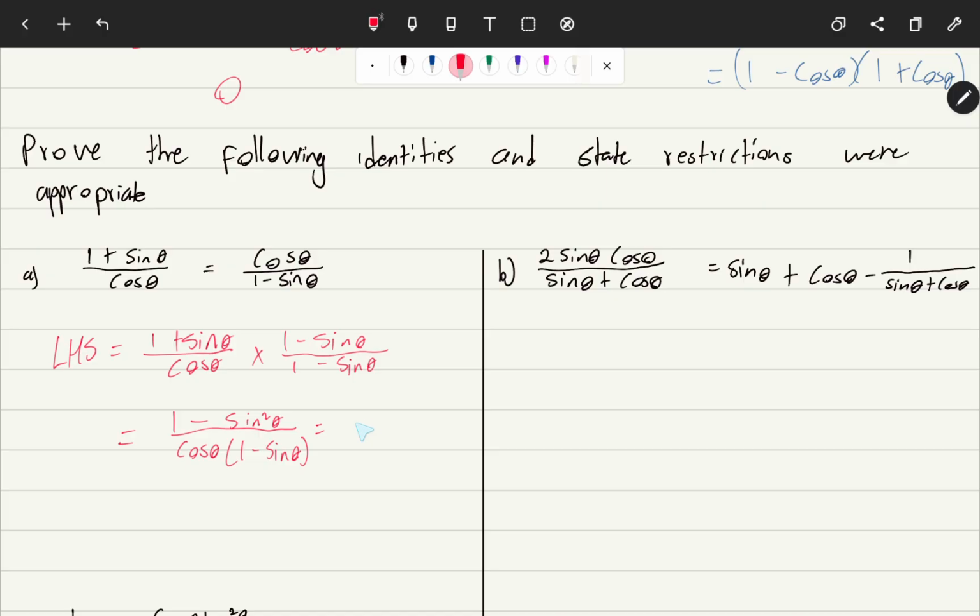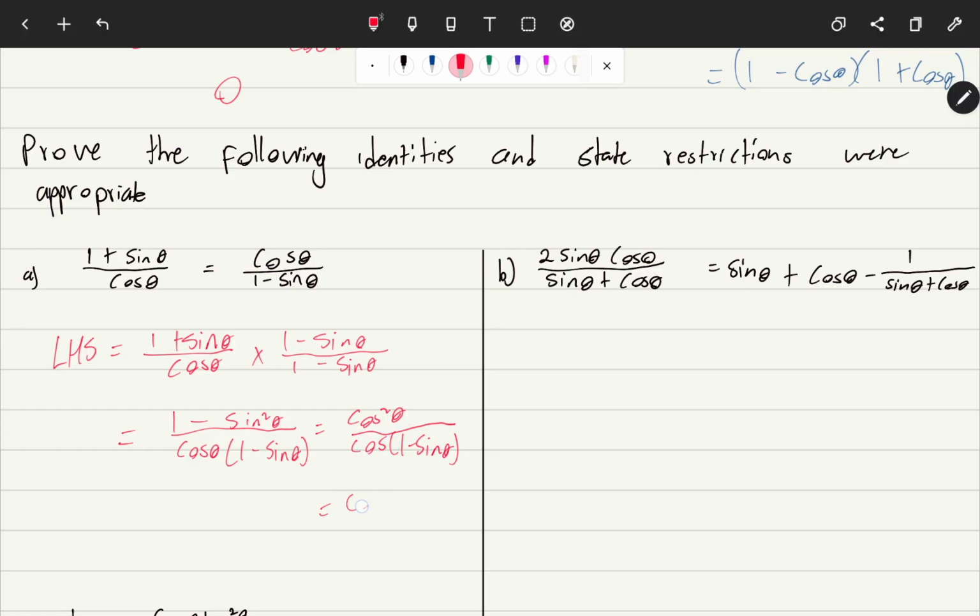This gives me cos²θ over cos theta times (1 minus sin theta). Cool. Then the next thing I do, what do I actually have?